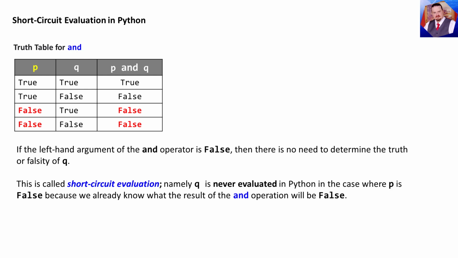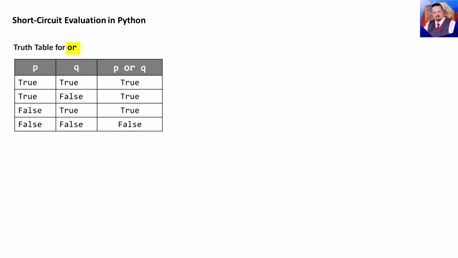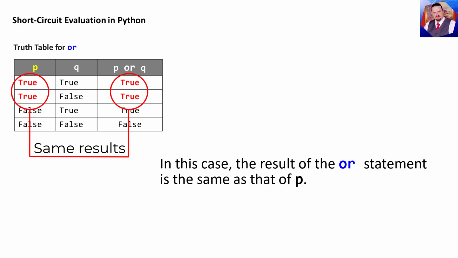But first, before we look at our two examples, let's quickly review the truth table for the OR statement. So here is the truth table for the OR statement. Again, short circuit evaluation does work for the OR operator. Here we see that when the left-hand factor of the OR function, which I've indicated in yellow, P, is true, we know the result of the OR condition. P or Q will definitely be true.